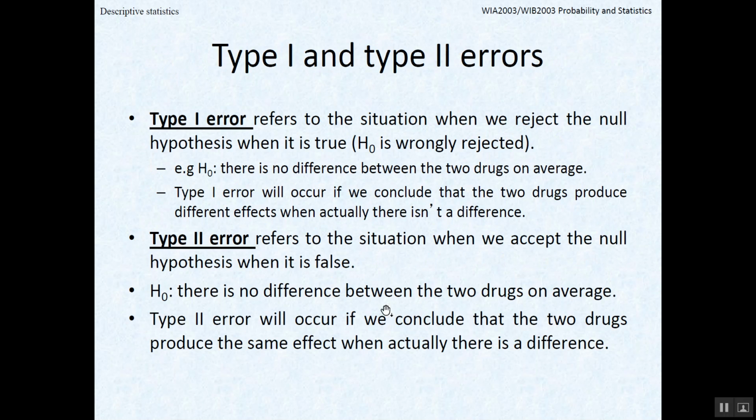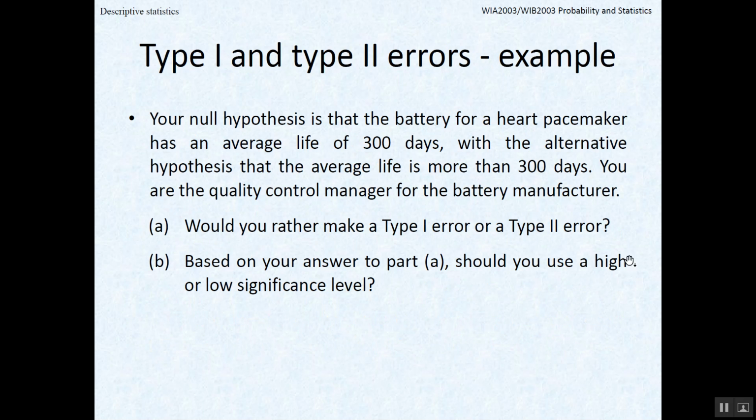Type 2 error is about accepting the null hypothesis when it is actually false. That means if I make the type 2 error, I'm accepting that the average life is 300, and I cannot reject the null hypothesis, so I cannot claim that the average life is more than 300.